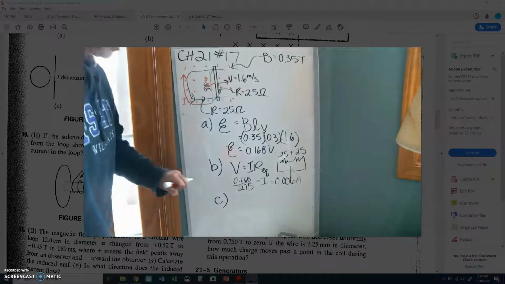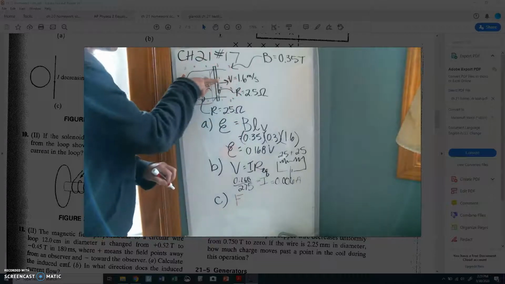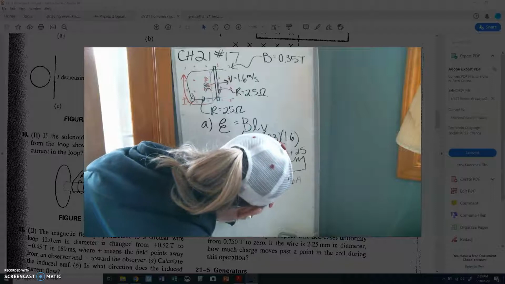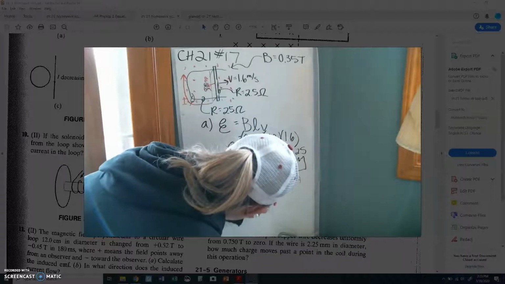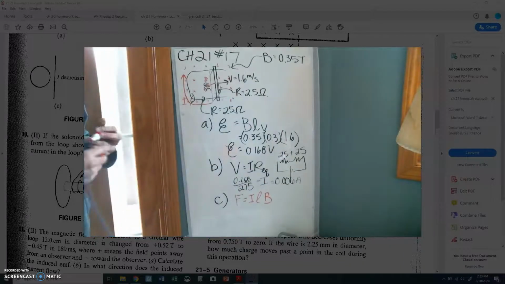But what is that force? I want to apply a force to keep it constant. So force should be current times length of the conductor in the field times field strength, correct?